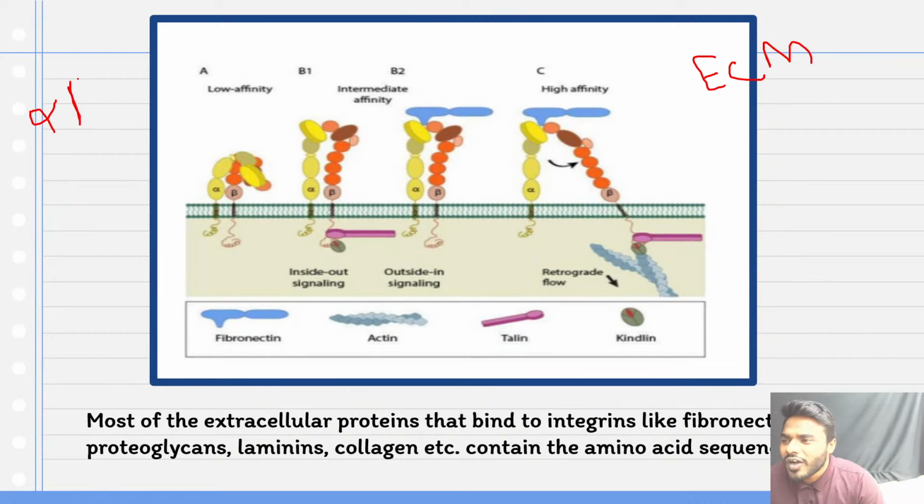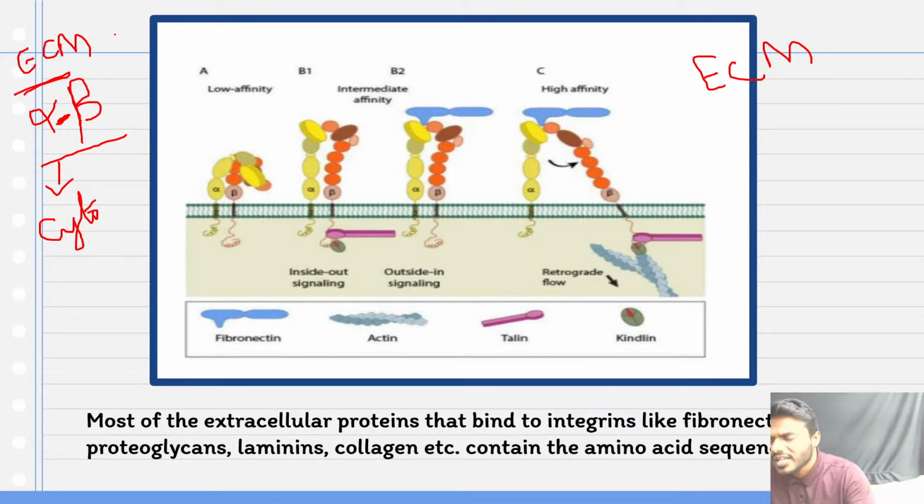When alpha and beta are associated with each other very tightly, then only can this alpha-beta associate with the cytoskeleton and also with the ECM protein. Once again, listen. This is integrin, this is alpha, this is beta.